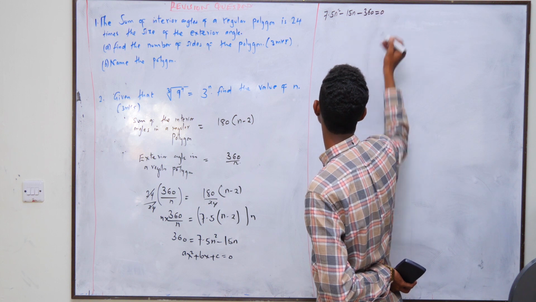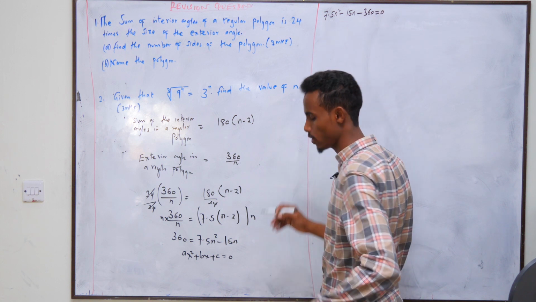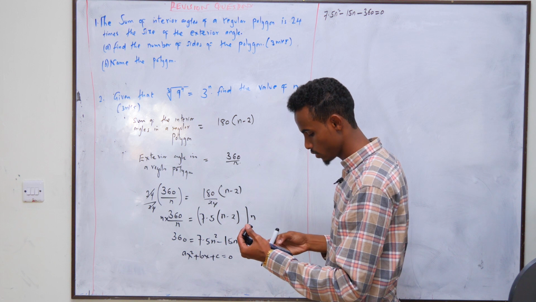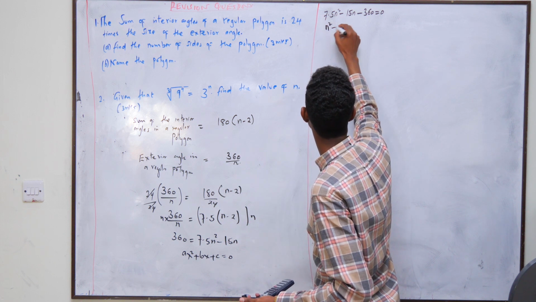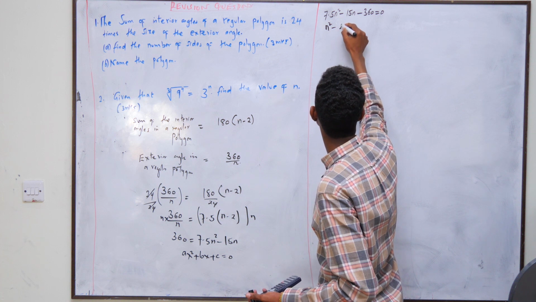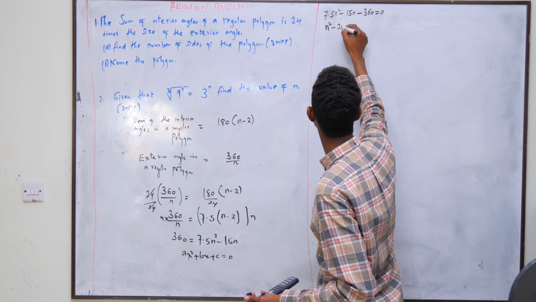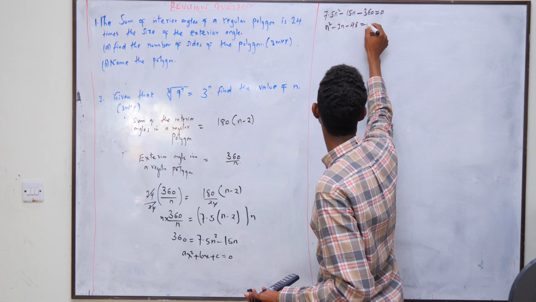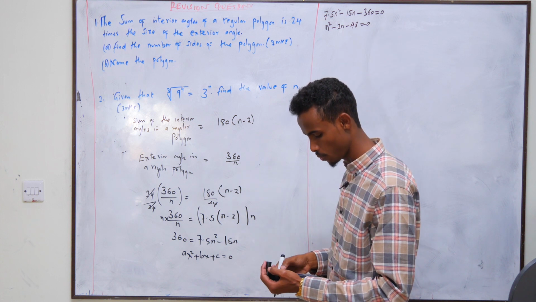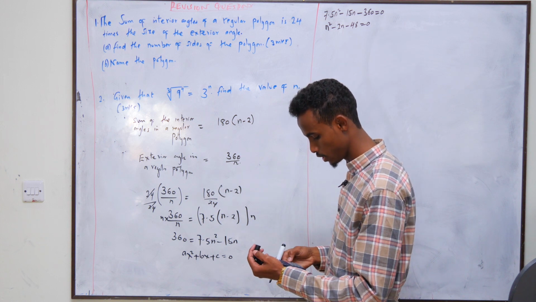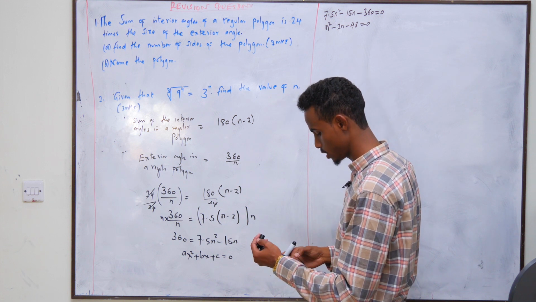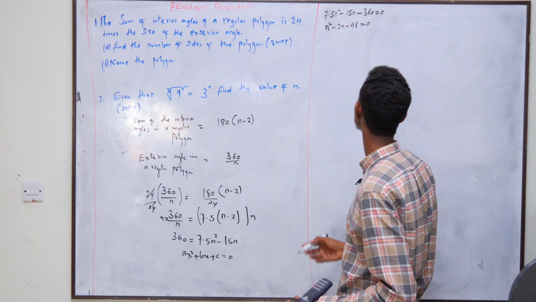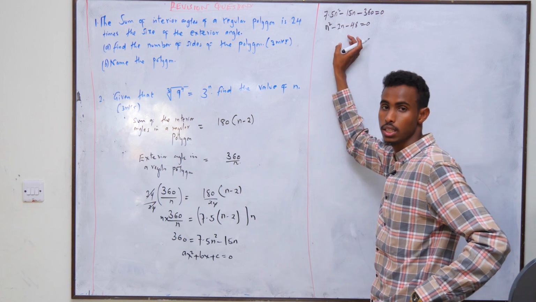Now I divide through by 7.5. 360 divided by 7.5 is 48, and 15 divided by 7.5 is 2. So n squared minus 2n minus 48 equals 0. And this is now a quadratic equation.